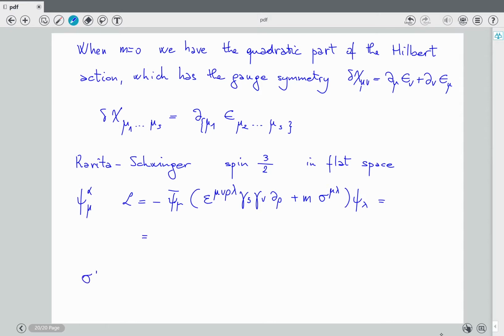What is this sigma? They are still the gamma matrices anti-symmetrized with this overall factor now. And if you want, we can eliminate gamma 5 and the epsilon tensor using identities for the gamma matrices. So another way to write the Lagrangian is like this.